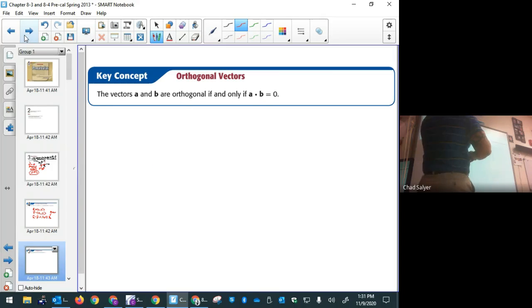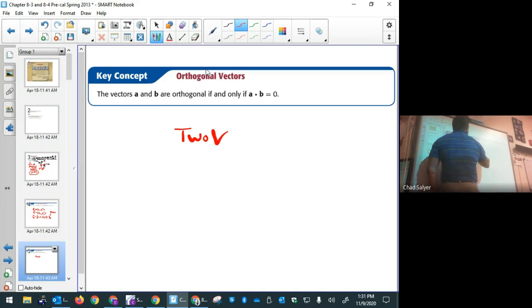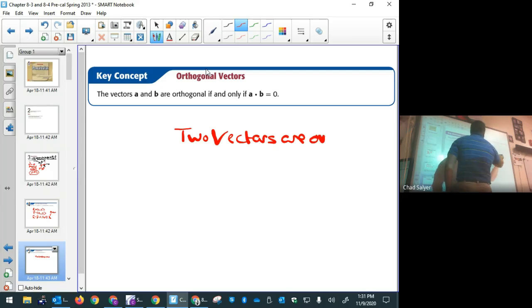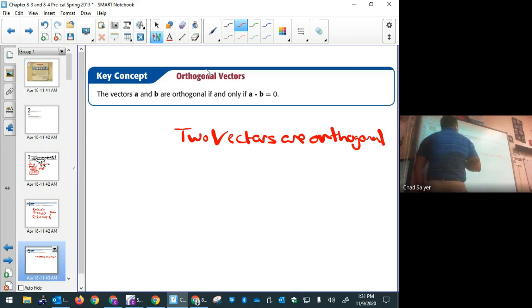Orthogonal if and only if A dot B is 0. So two vectors are orthogonal, in other words perpendicular to each other, and I'm going to use a mathematical term that you may never have seen before. It's "iff," with two F's.